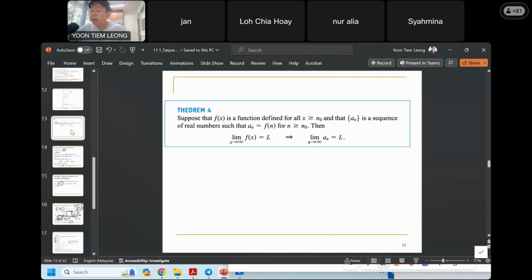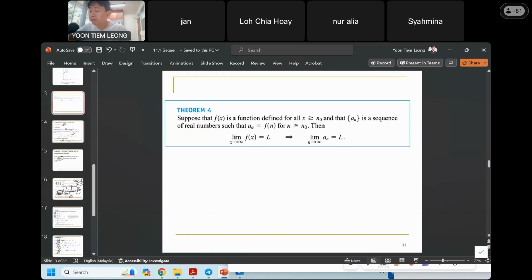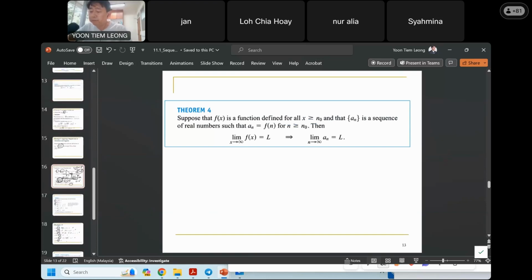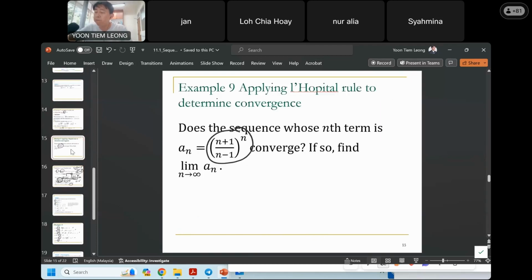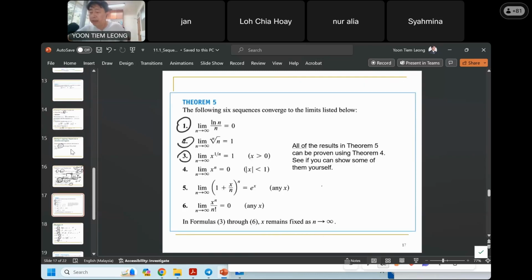With these theorems, we are able to calculate the limit of a sequence, and we have seen a few examples of using these theorems. Then we also mentioned theorem 5, which is a list of very important results on the limits of some very typical but important sequences.